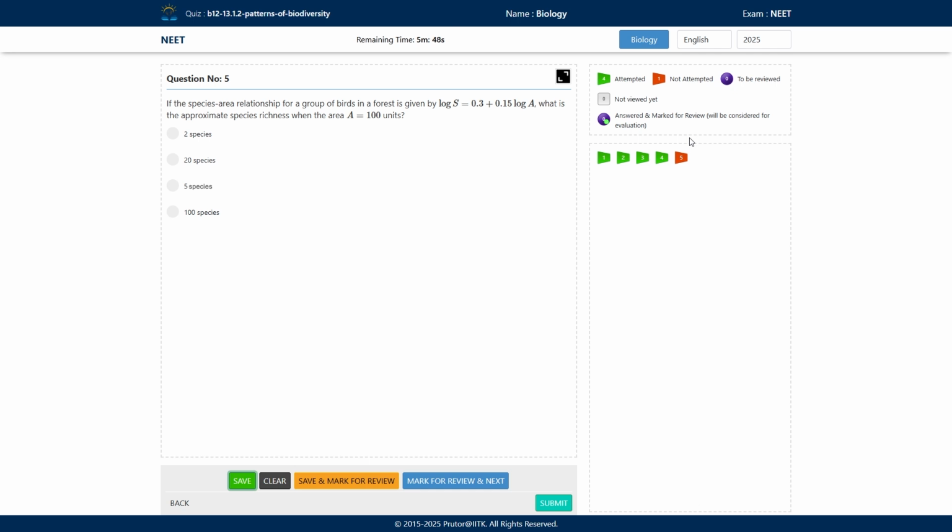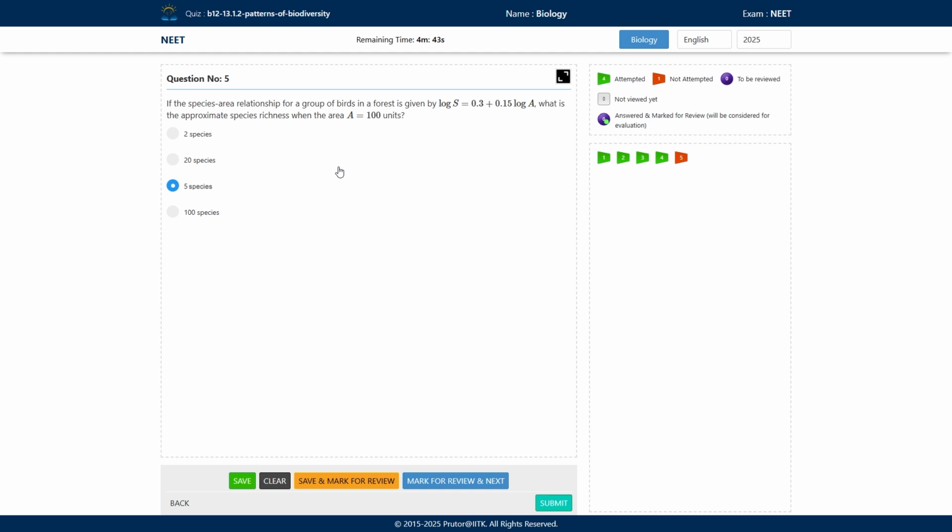If you solve this, you will get the answer, which will be around 5. So option number C will be the correct answer here. If you use the equation log S = 0.3 + 0.15 log A, with A equal to 100, you can put in the value of log 100 equal to 2.